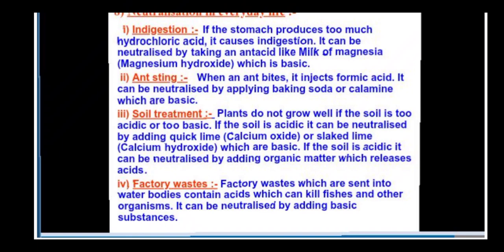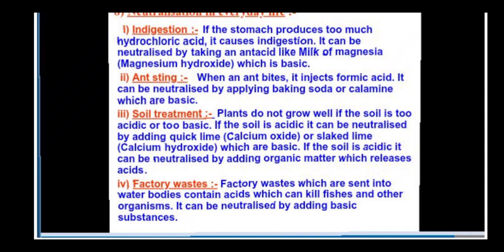Now, soil treatment. What is soil treatment? Soil treatment means plants do not grow well if the soil has too much acid or base. If there is too much acid in the soil, then plants will not grow, and if there is too much base also, then plants will not grow. So, to neutralize the effect of acid or base, what do we need to do?